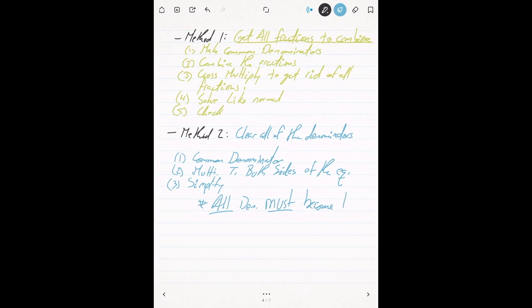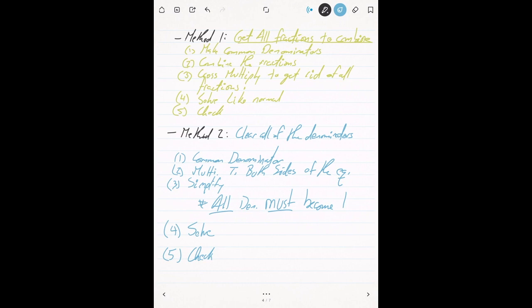So all the denominators are just going to cancel out. They're going to divide out and become a 1, all right? So we are just dealing with whole numbers. Once you have all of that simplified, go ahead and solve like normal. And then the last step I'll say here is to check your answer. Make sure you have the correct solution.